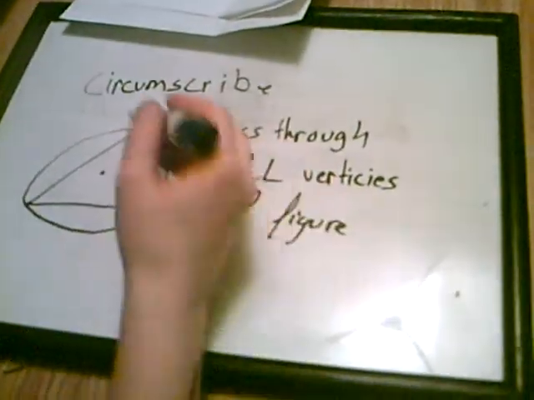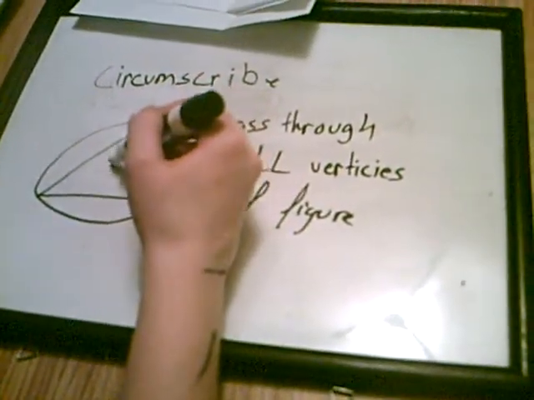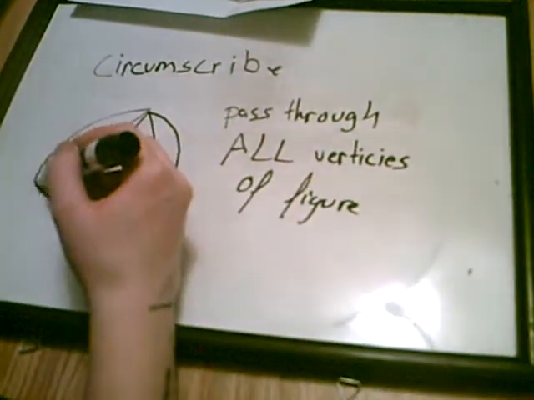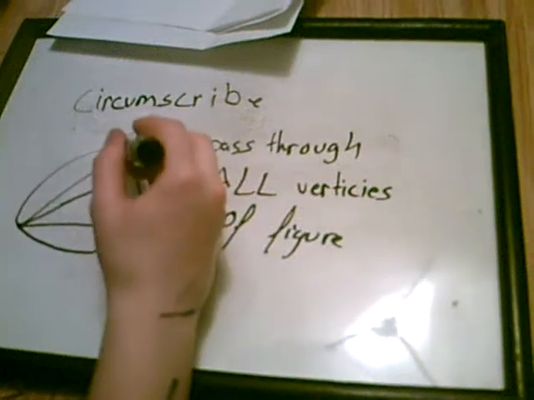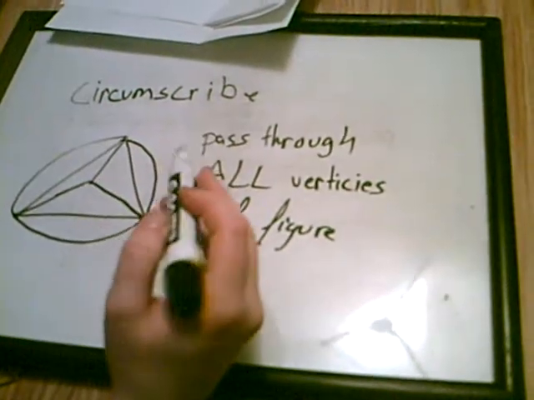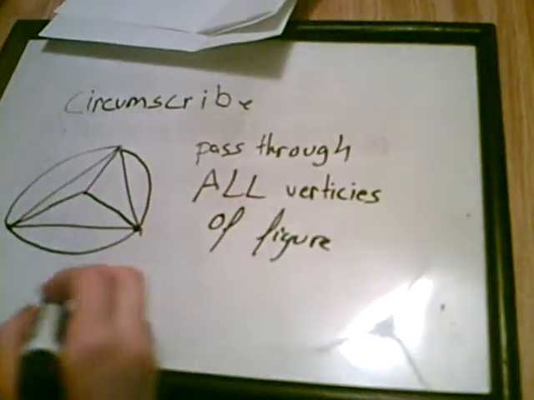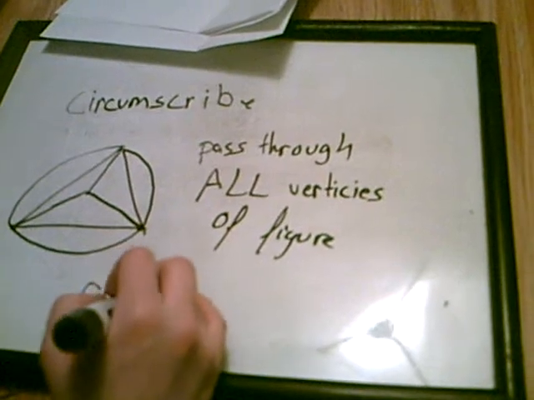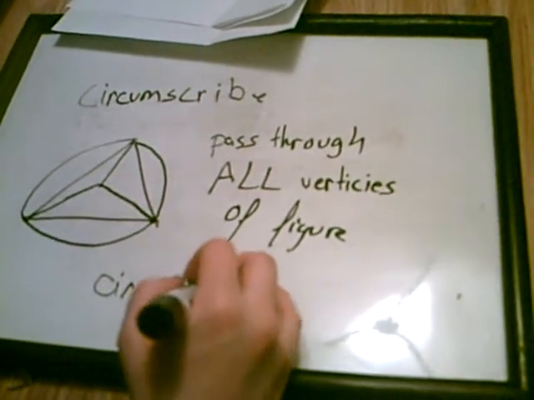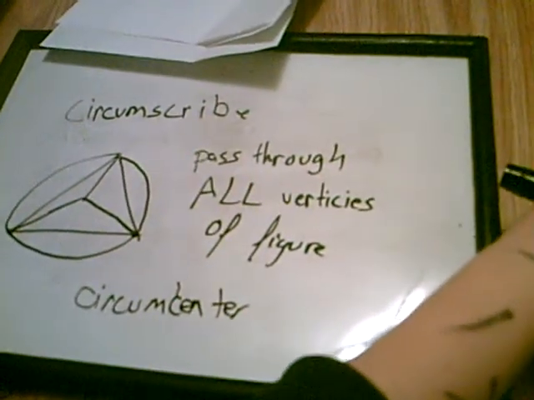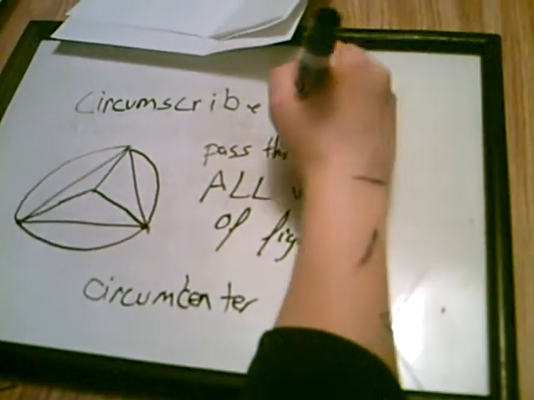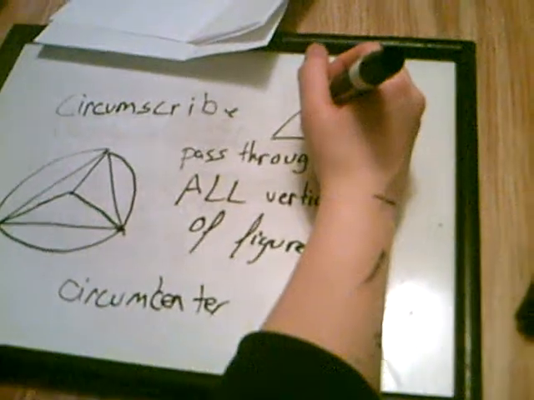So the center of this circle, then, the radius has to be the same all the time. Therefore, it has to be equidistant from the vertices. And if you remember, we just went over that. That means it's the circumcenter. So if you want to circumscribe a triangle, first thing you're going to do is find the circumcenter.